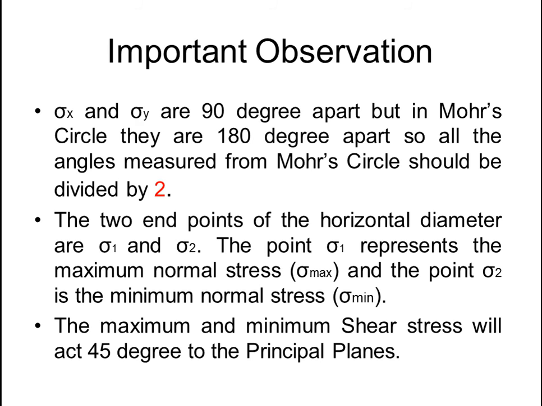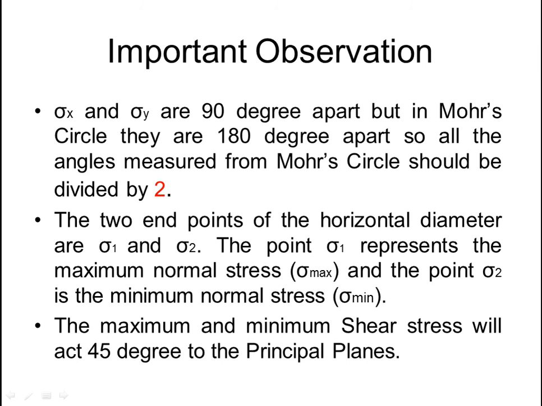One important observation: sigma x and sigma y are 90 degrees apart, but in the Mohr circle they are 180 degrees apart. So all angles measured from the Mohr circle should be divided by 2 except the angle of obliquity.